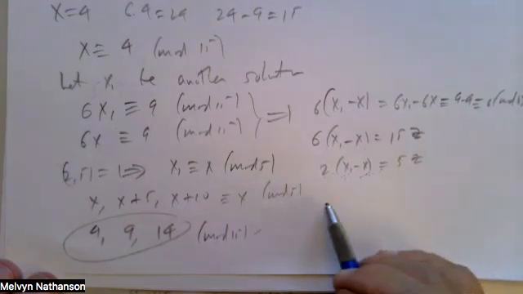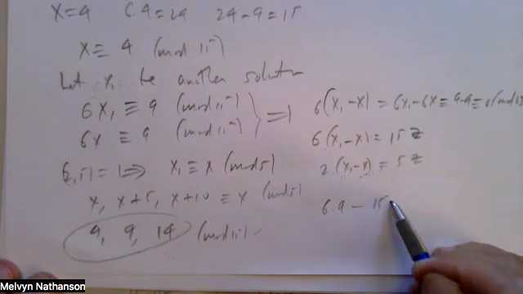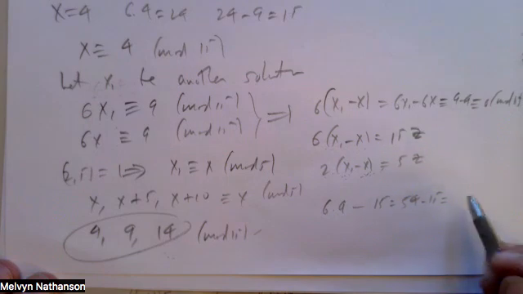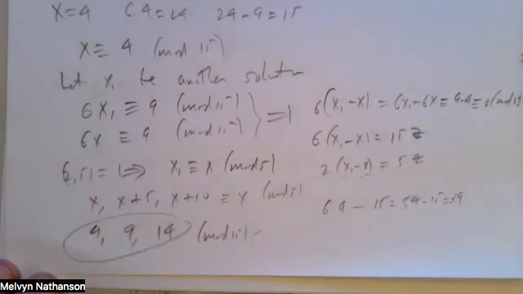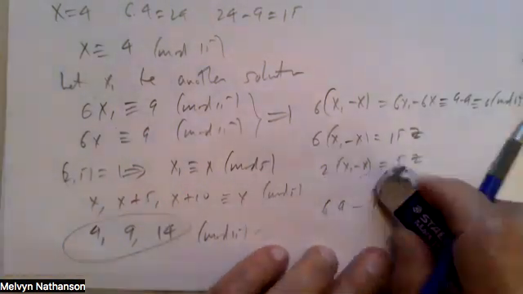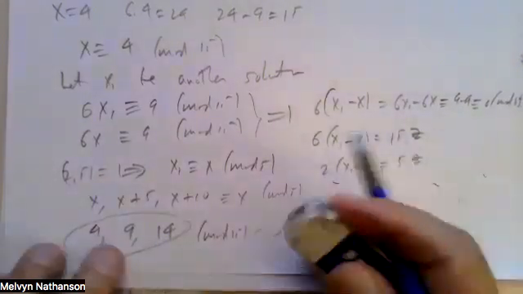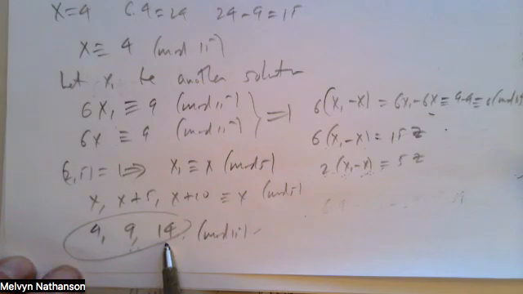Let's just check. 6 times 9 minus 15 is 54 minus 15 is 39. Oh, sorry. That's not what I mean. That's a true statement, but it's not what I wanted to show. So I claim all three of these numbers, 4, 9, and 14, are solutions of my congruence.